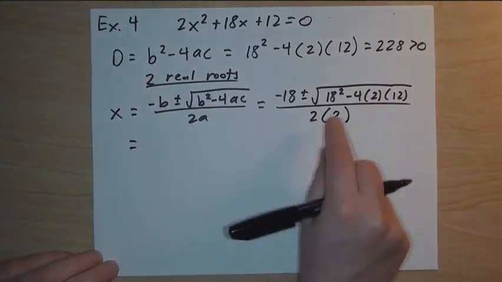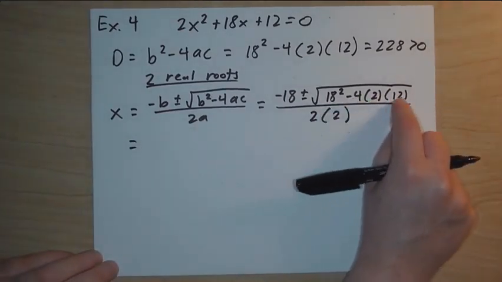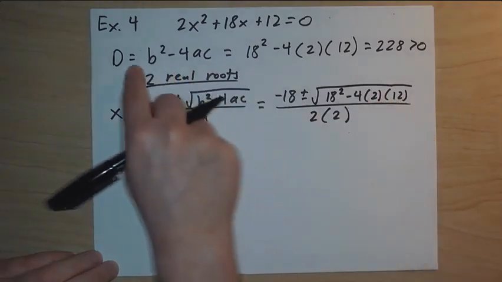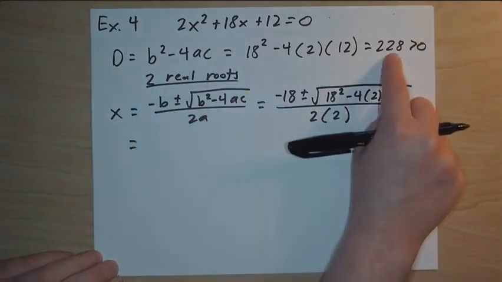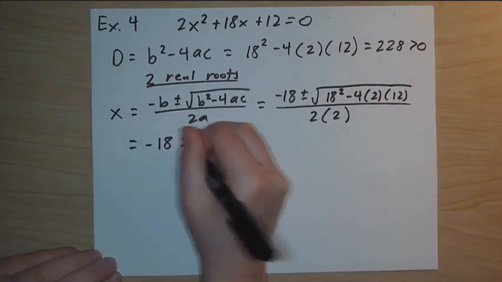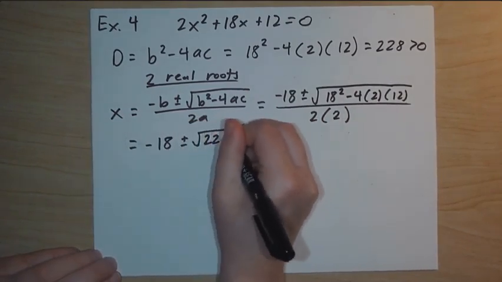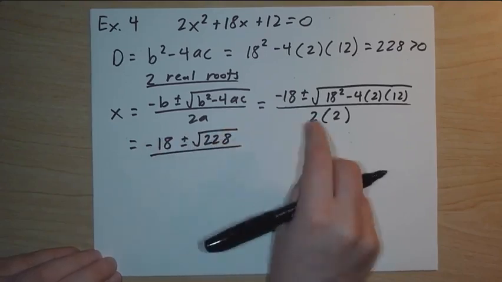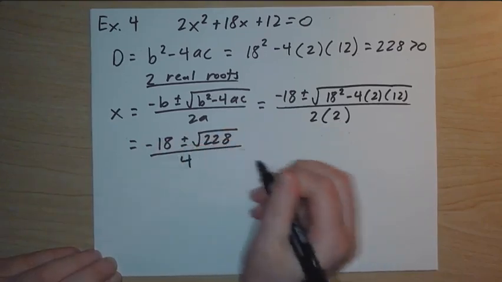We've already done the inside of this square root because it's our discriminant, 228. So this is negative 18 plus or minus the square root of 228 divided by 2 times 2, which is 4.